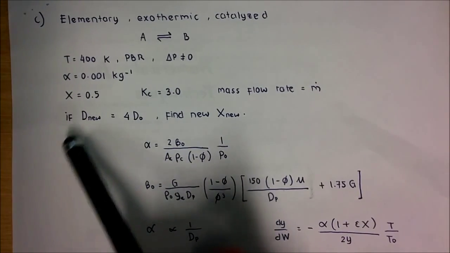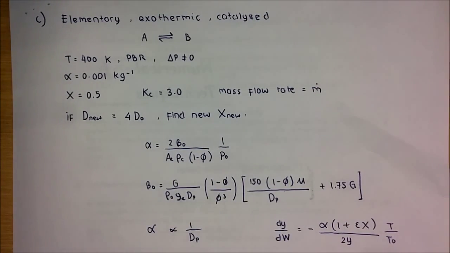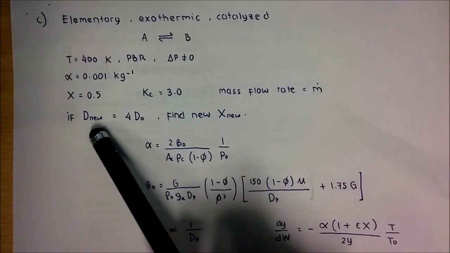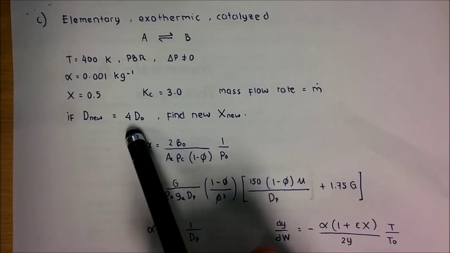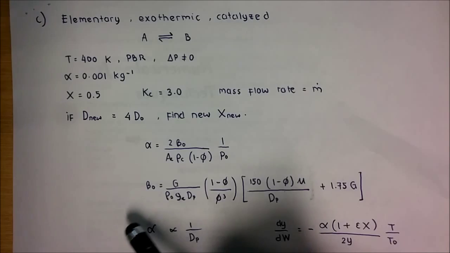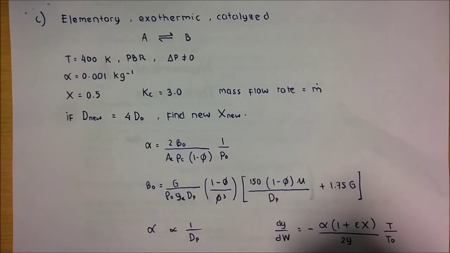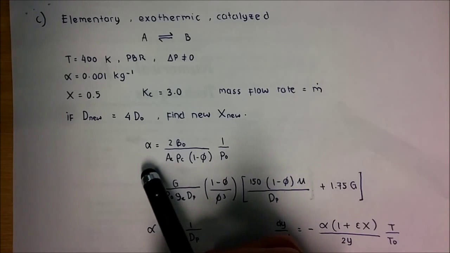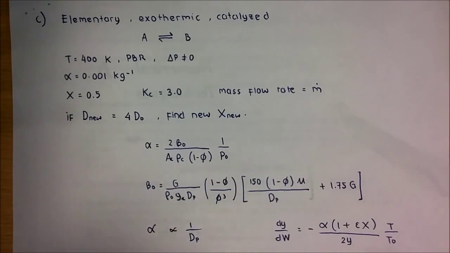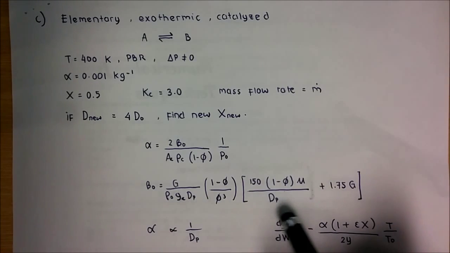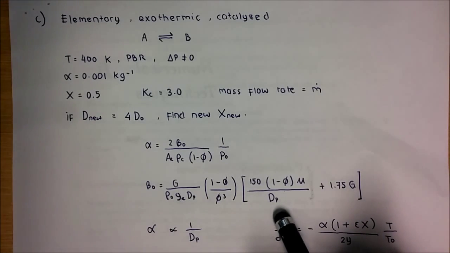So we need to analyze the problem. Since we have the new particle diameter, which is 4 times the previous particle diameter, we need to find the formula that includes the particle diameter. We know that alpha is related to beta, and beta itself is related to particle diameter.